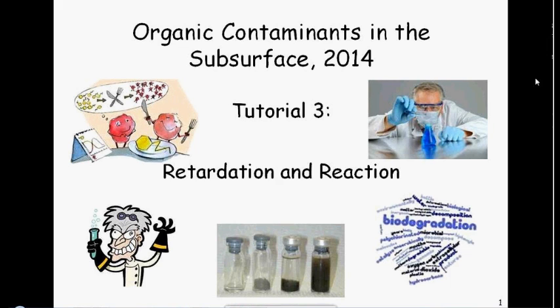This is an interesting couple of little pictures. Retardation is represented by this bottom picture. So there's an empty bottle that you might do a distribution coefficient test in. You would put some aquifer solid, some groundwater, probably from your aquifer, spiked with various concentrations of the chemical of interest, and then you would equilibrate those by shaking.